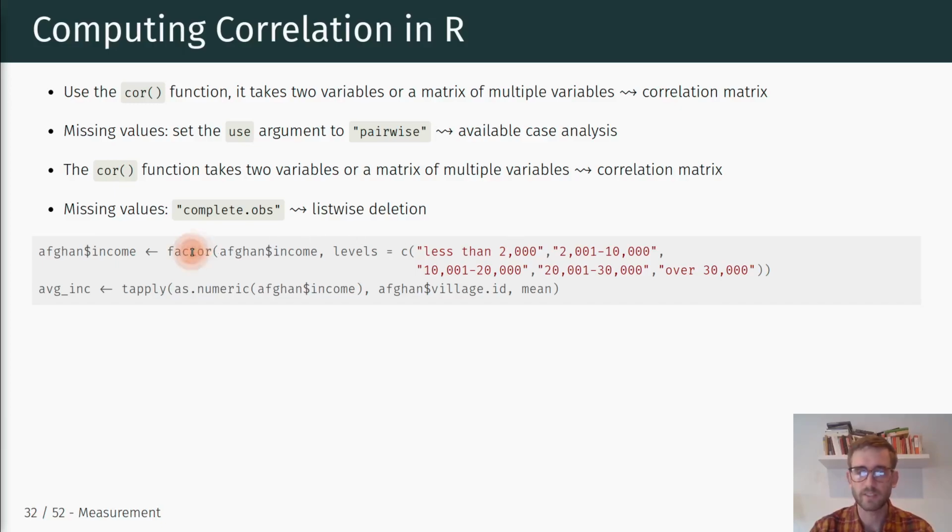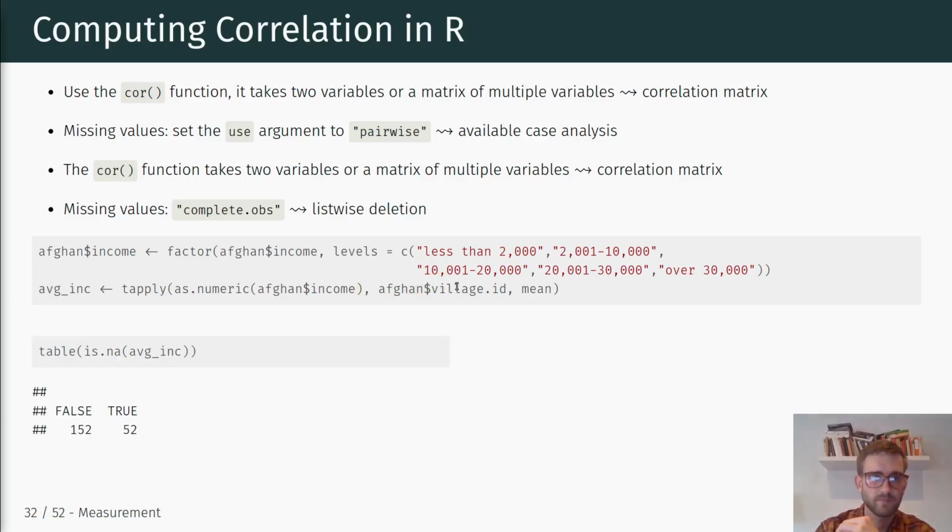I'm converting this variable to a factor, which means that it has an inherent order, and I'm specifying the order here from yearly household income of $2,000 up to over $30,000, and then I'm computing the average income in the sense of average income category. So this is now ranging from 1 through 5, and we're computing the average income category across villages.